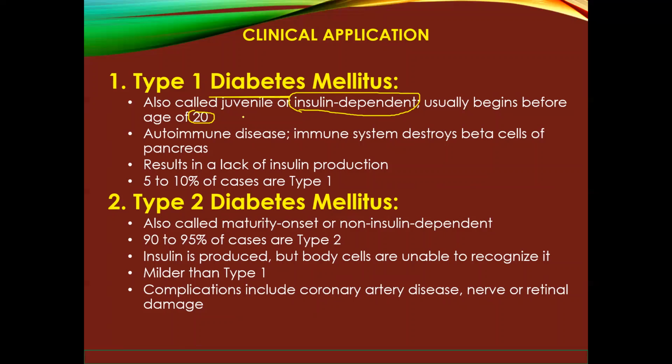These individuals start to have the signs and symptoms of type 1 diabetes mellitus. Type 2 usually happens in older individuals, and this is mostly due to the insensitivity of the liver cell to the insulin produced by the pancreas.